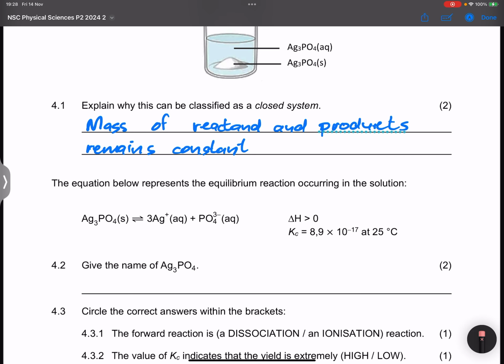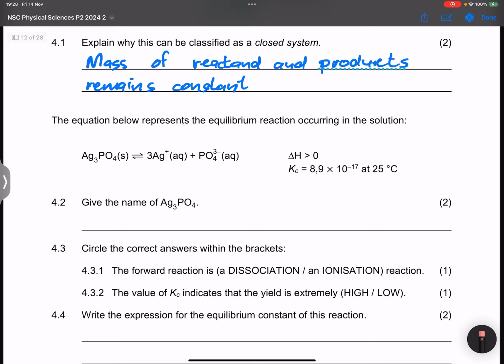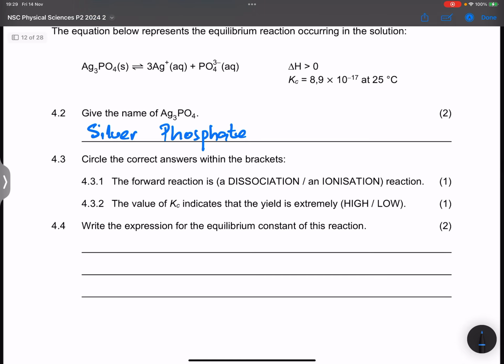They say the equation below represents the equilibrium reaction occurring in the solution. Now they say to you, give the name of Ag3PO4. I think I just gave you the name right now. We said this is going to be silver phosphate. So they say, circle the correct answer within the brackets.